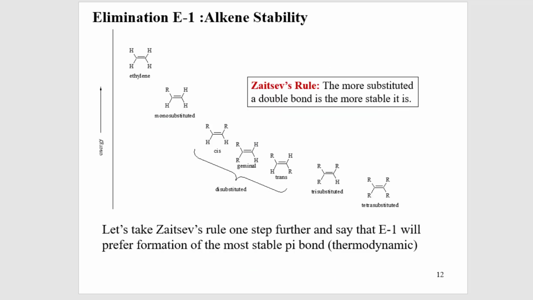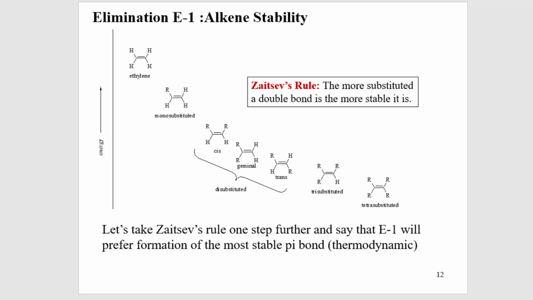Well, if you did this for a whole series of alkenes, what you would find is a trend called Zaitsev's rule. And the trend is thus that the more substituted a double bond is, the more stable it is. So you can think that those pi systems are stabilized by more donation. Just like a carbocation, the more donating groups you have, the better off you are.